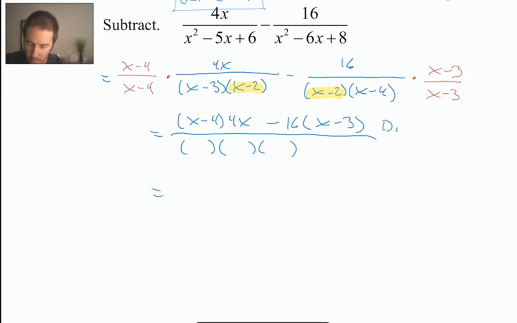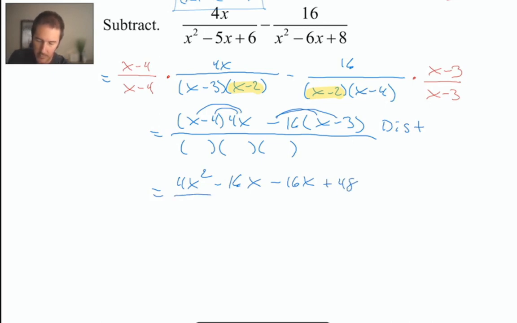Equals, let's distribute in the numerator. 4x times x makes 4x squared. 4x times negative 4 makes negative 16x. Negative 16 times x makes minus 16x. And the negative 16 times 3 makes a positive 48. Negative times negative makes positive.